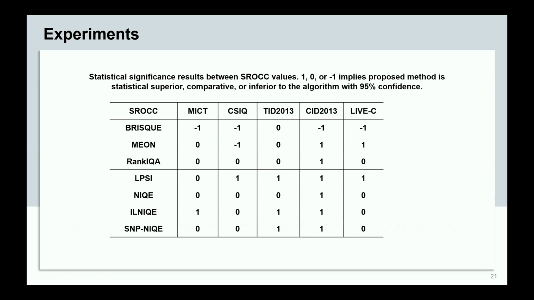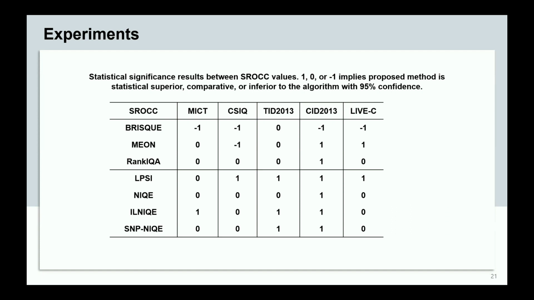To verify the statistical significance of the results, we apply a t-test on the prediction residues of different objective methods. 1, 0, and -1 indicate that the proposed method is statistically superior, comparable, or inferior to the competing method on each database with 95% confidence.